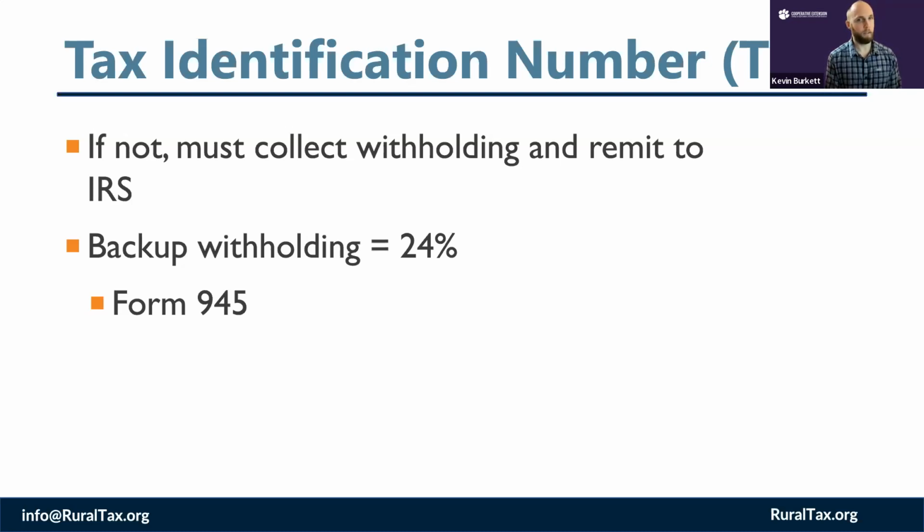So typically, it's better and easier for them to provide you that correct information because 24%, I mean, that's a fairly significant percentage. And then you, as I said, you don't remit payment with the 1099, but that actually happens on Form 945, where you start collecting withholding, and then that is sent in if you do not have the correct information.